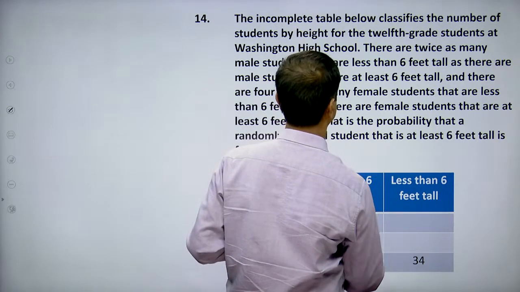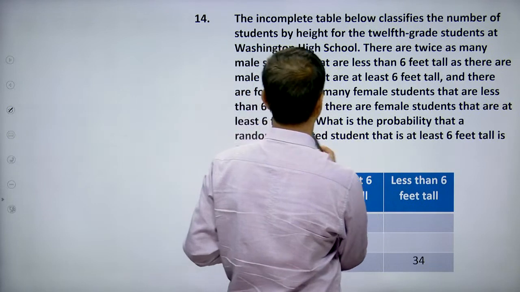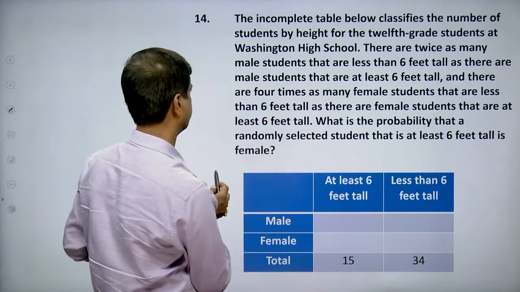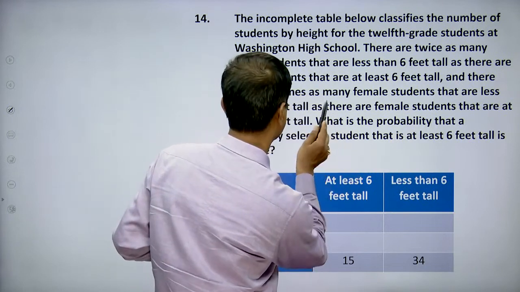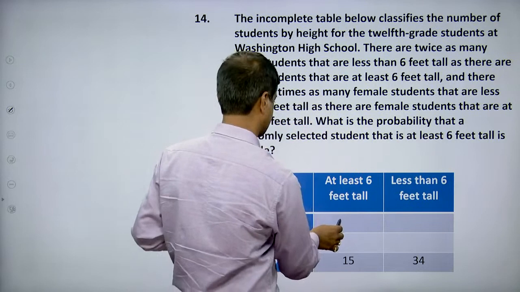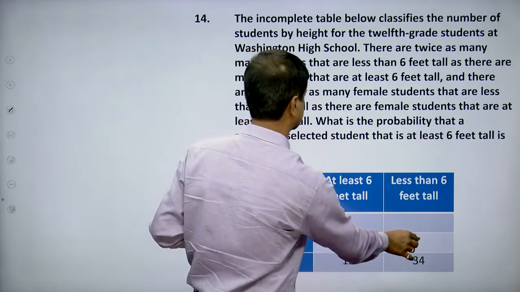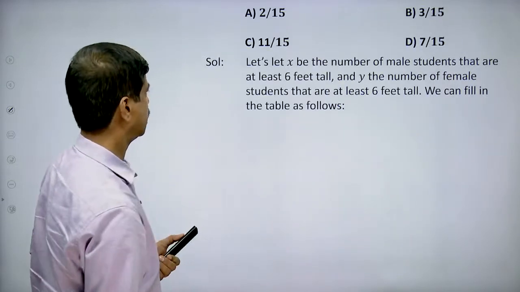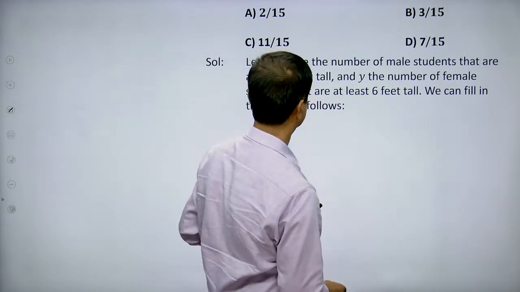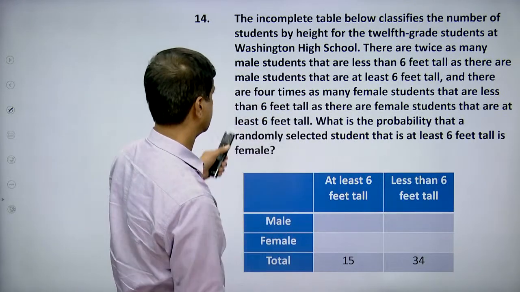And there are 4 times as many female students that are less than 6 feet tall. One is less than and other is at least. So this is x, this is 2x, and if this is x, this is 4x. Okay. So let us see the question, children.